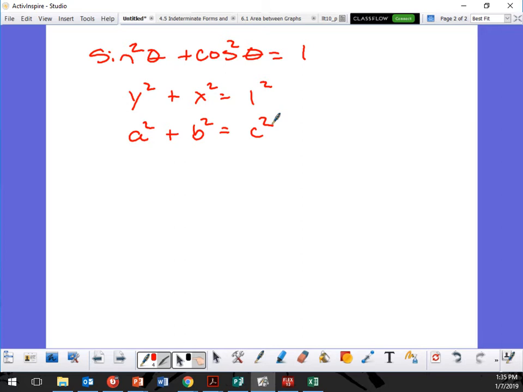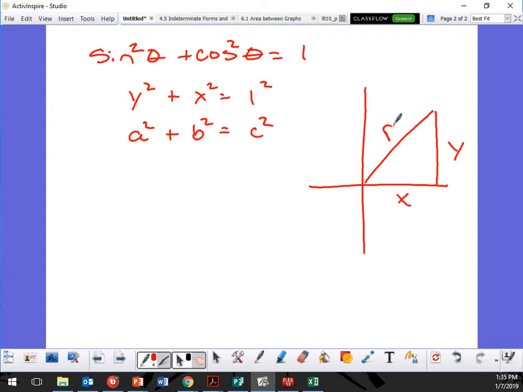So in my triangle, which comes from here, I have a y value here, I have an x value here, and this is my r value. And this is my point x comma y. So it's always going to be like this.